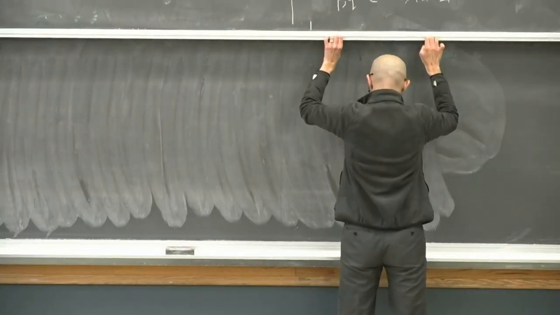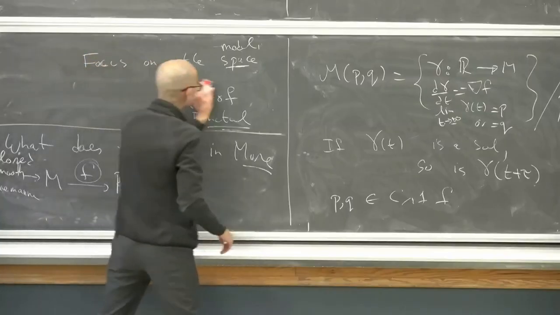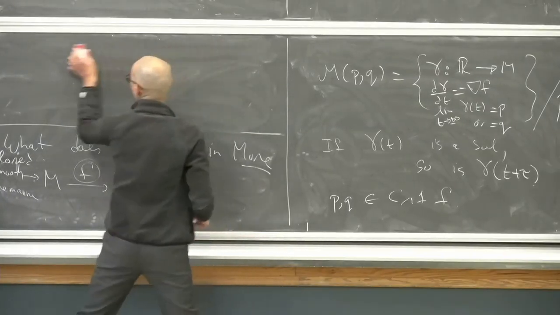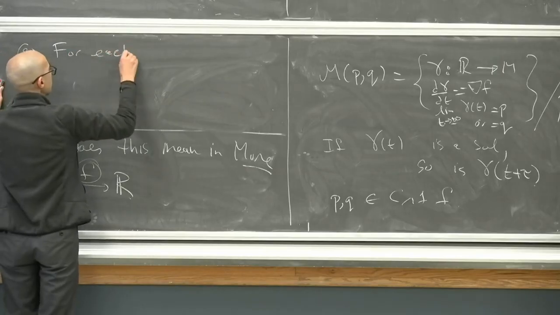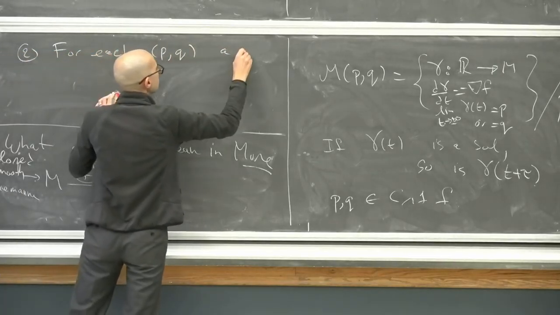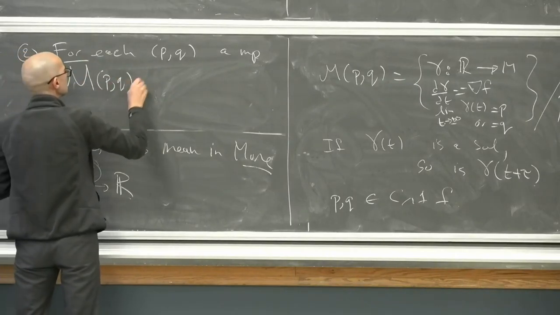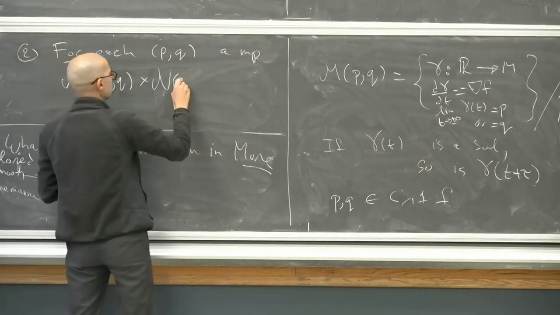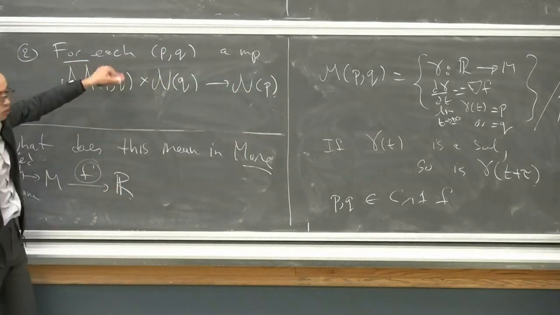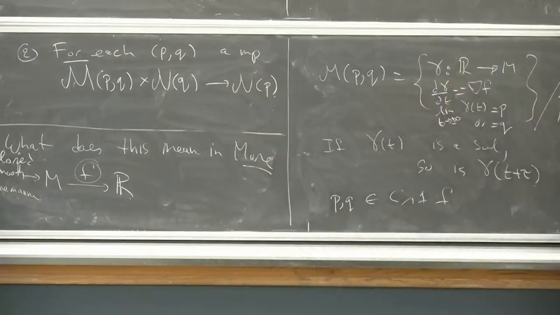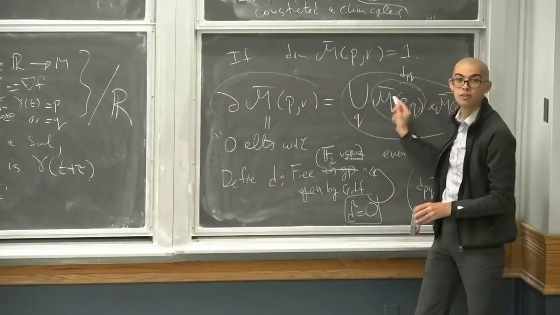That's the first choice. The next choice I'm going to make is to choose, for each pair of critical points, each P and Q, a map M bar PQ times N of Q to N of P. This should look similar to what I wrote, and erased, when I was describing the structure of the moduli space.